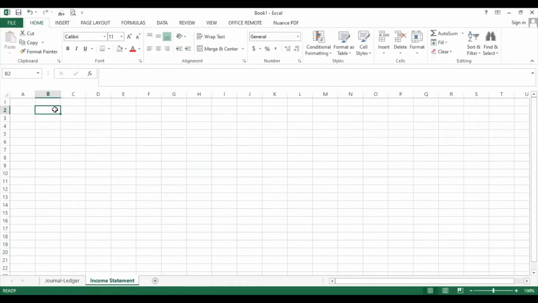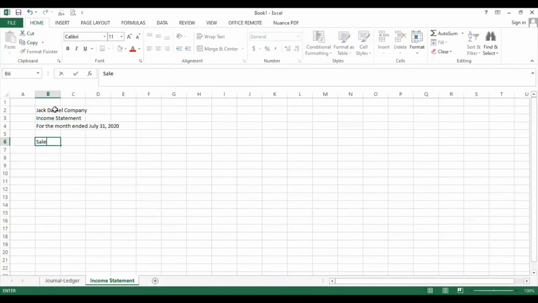So for example, this is Jack Daniel Company, and the name of the financial report. So let's start with the income statement, for the month ended July 31, 2020.